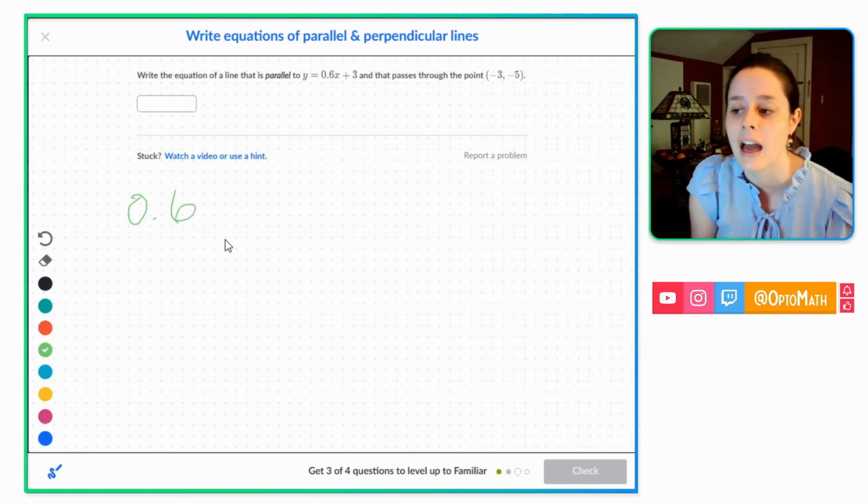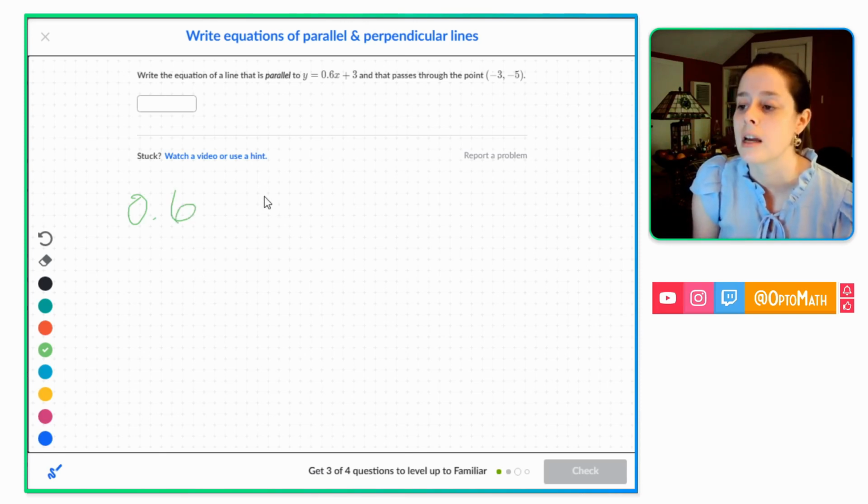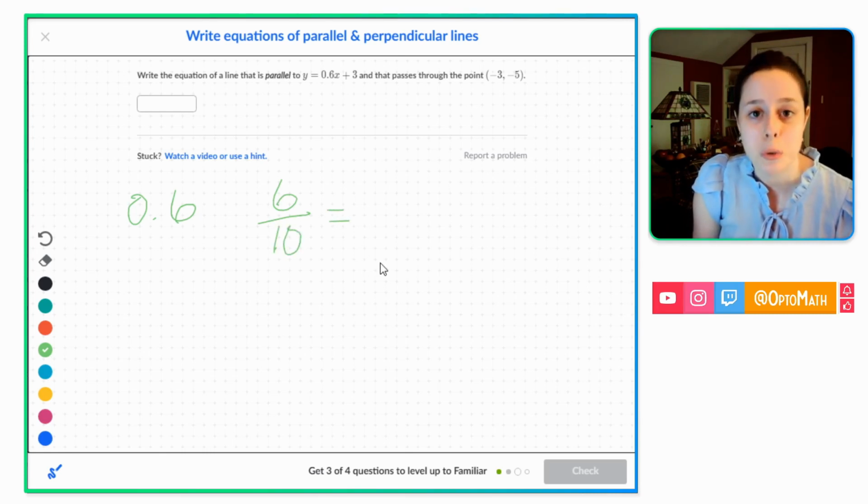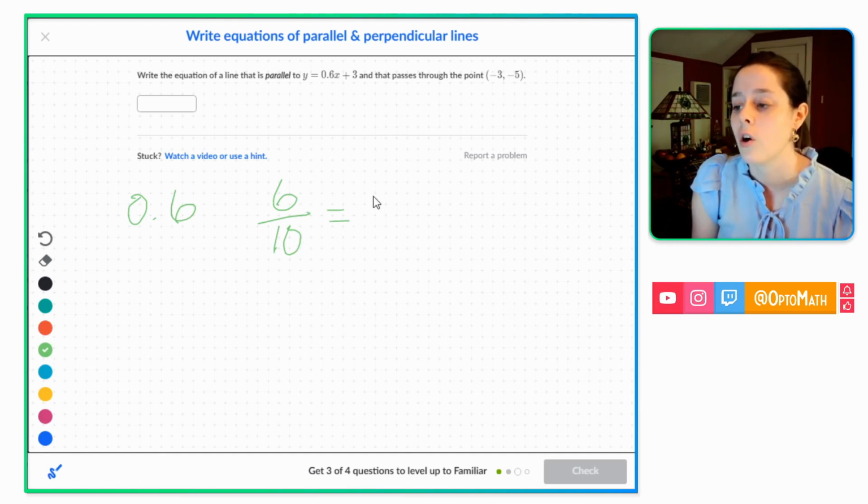That's how you read that, which is good because if we did need to make it a fraction to make a perpendicular slope, we would write that as 6/10. And if you take out a 2 in the numerator and denominator, that could also be written as 3/5. So either way, an opposite reciprocal will be -5/3.